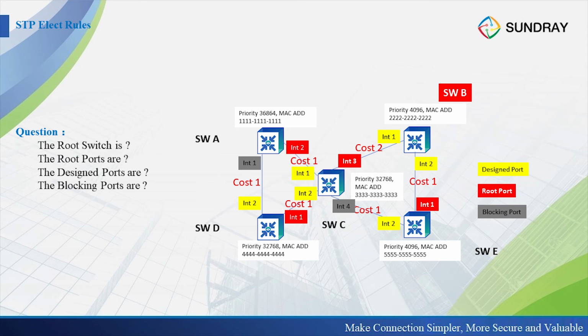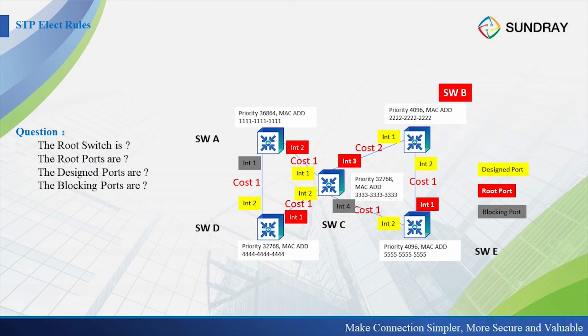If you go the other way, from interface 1 to interface 2 and to C to B, it's not the smallest cost. So for switch A, interface 2 is the root port. And for switch D, interface 1 is the root port.